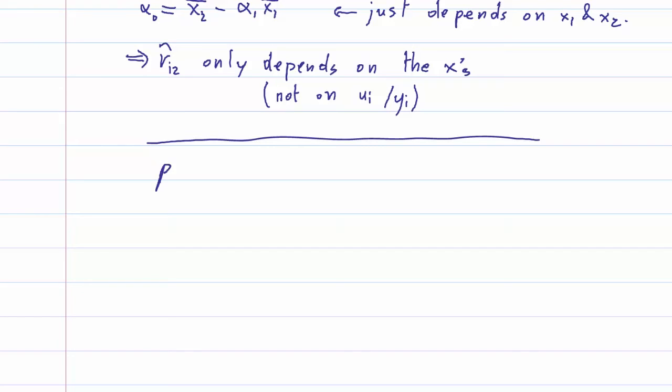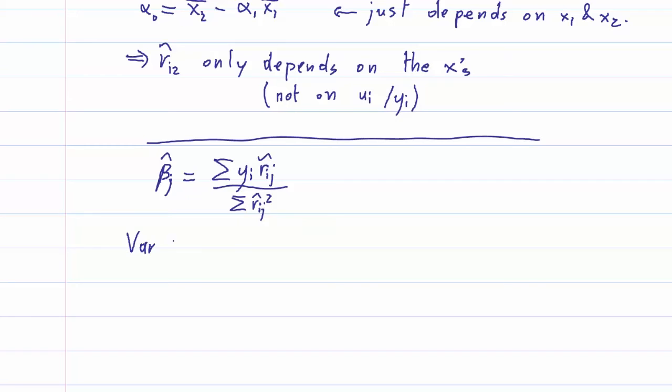So remember that for an estimator, beta j hat, we just sum the product of the yi and the residual for the variable j, so rij hat, over the sum of rij hat squared.